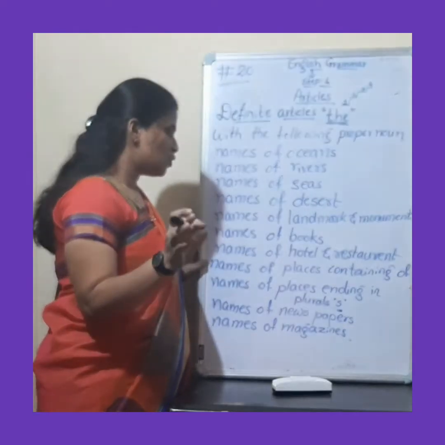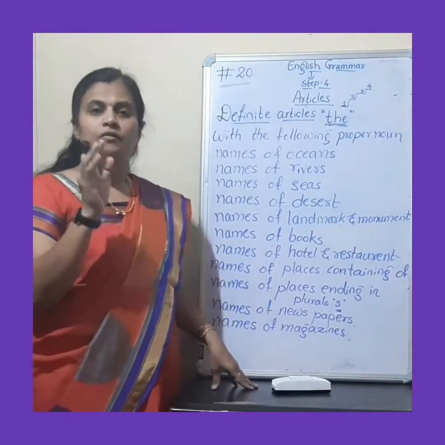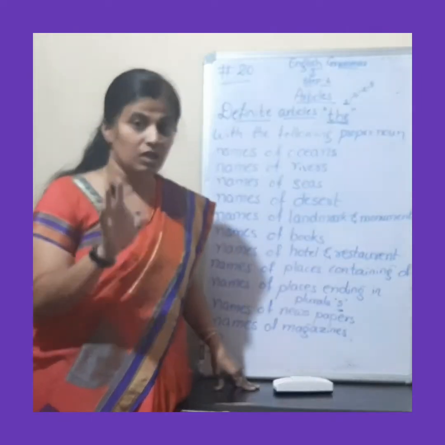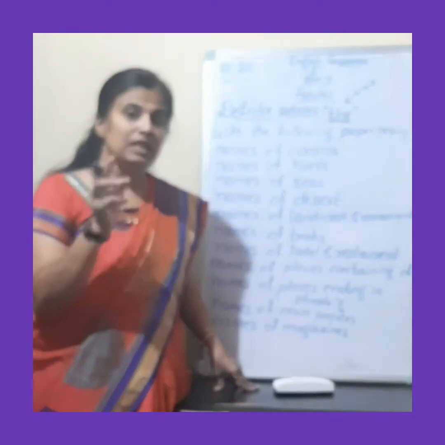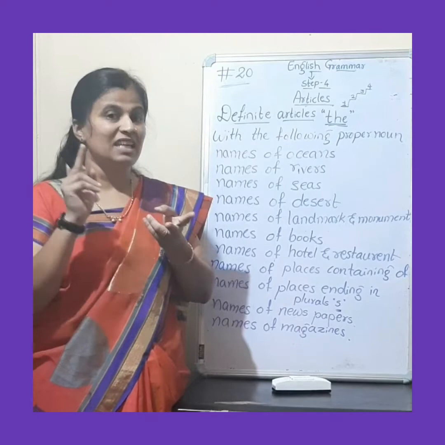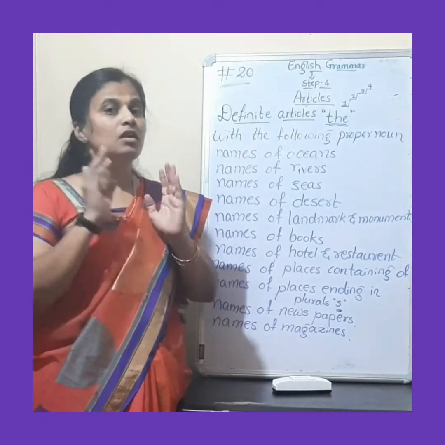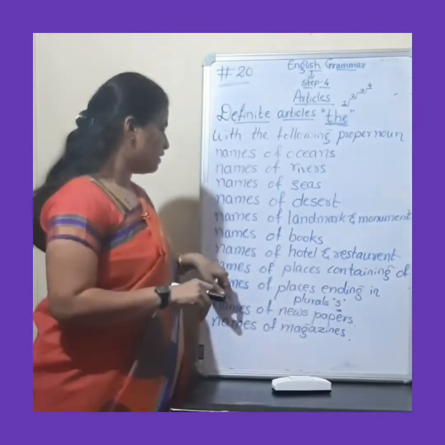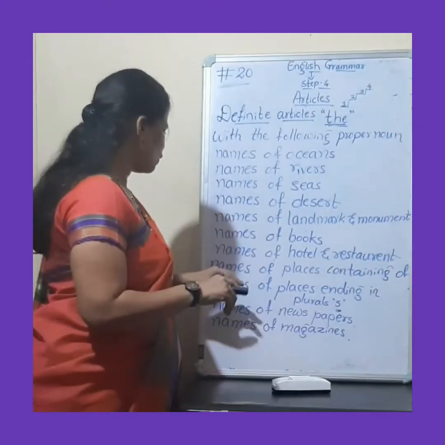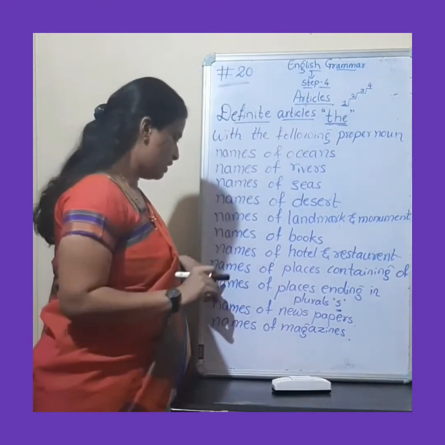Names of places containing of. For example, we should not use the before a country's name. But in case there is of, as in United Kingdom, United States, as well as Republic, whenever it comes we can use the before those. So whenever of comes, as in the United States of America, like this.